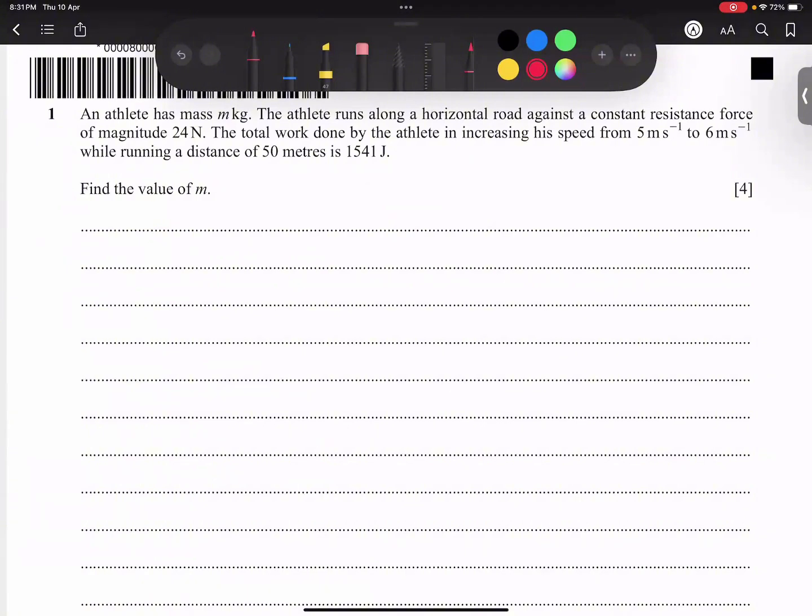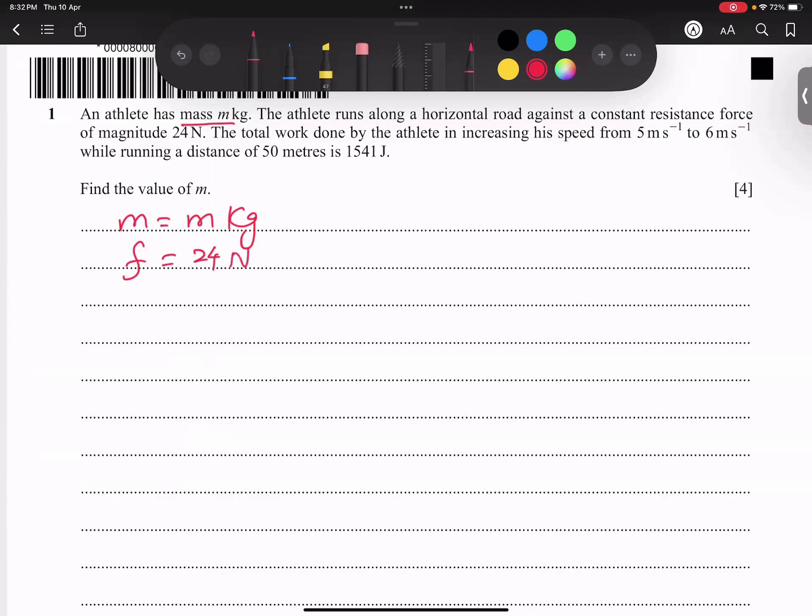An athlete has a mass M, so I'm writing M kilograms. The athlete runs on a horizontal straight road against a constant friction, small f, given here as 24 newtons.